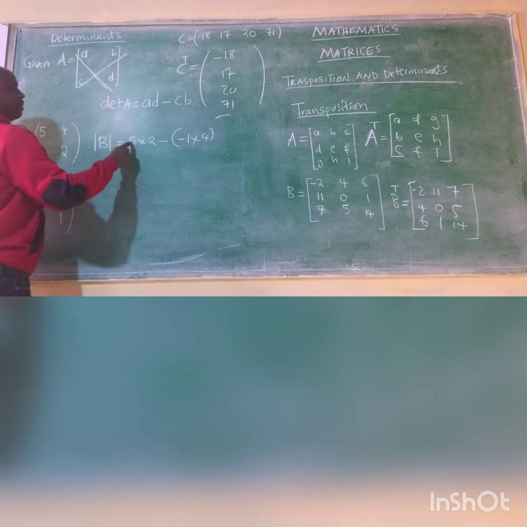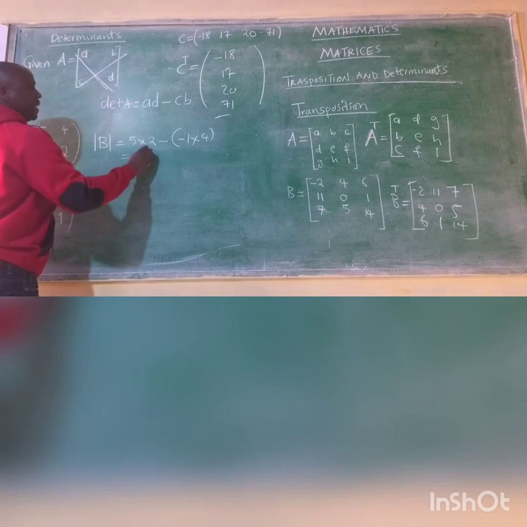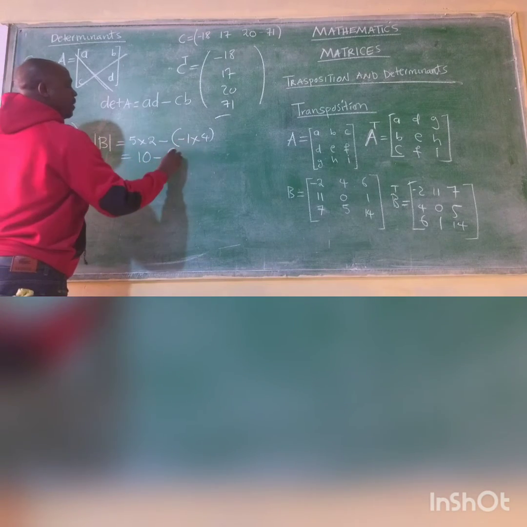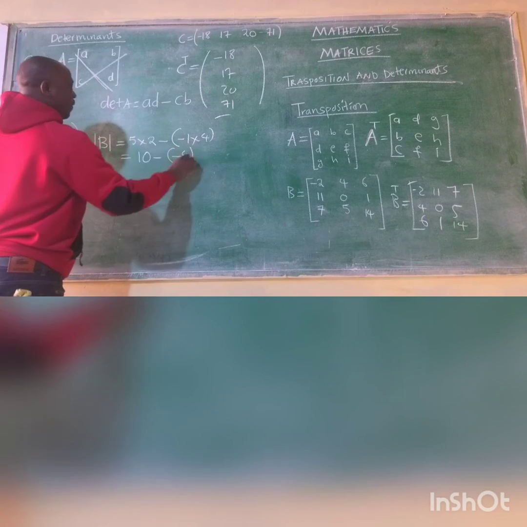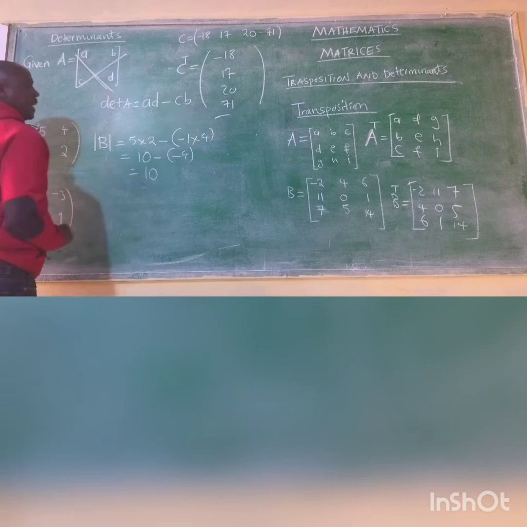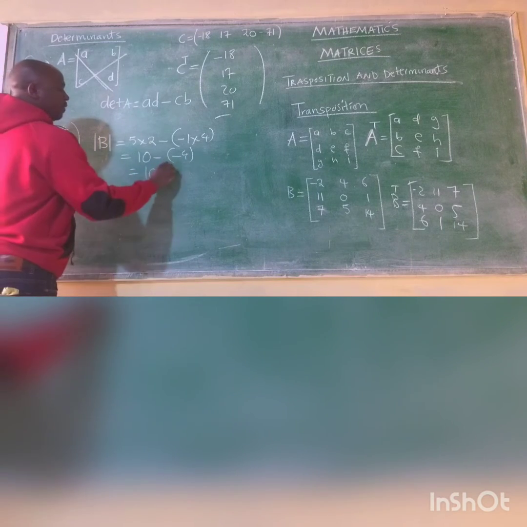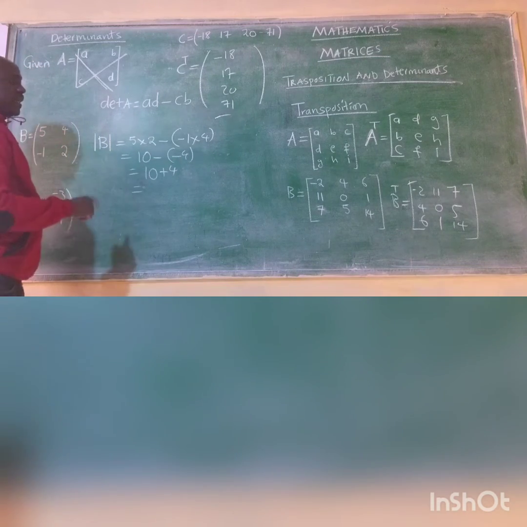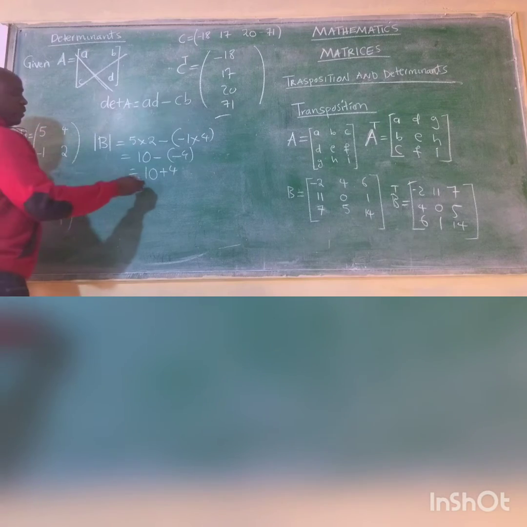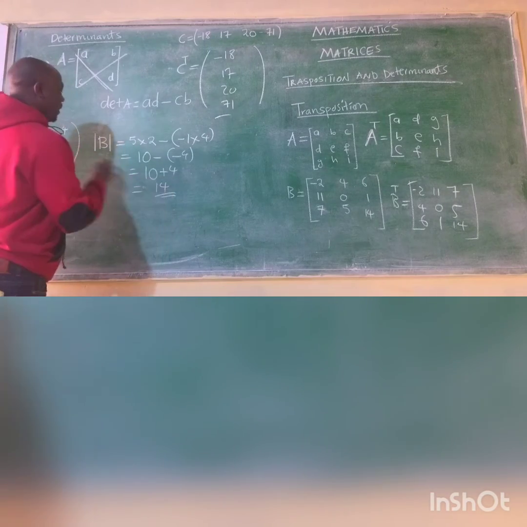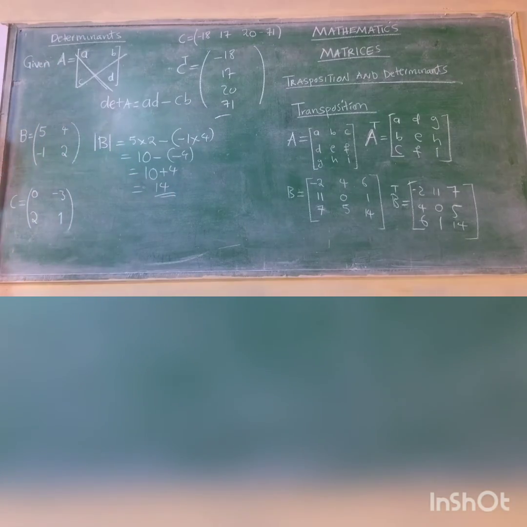Then 5 by 2 gives us 10, then minus -1 by 4 is just -4. So we have 10. When you multiply this negative by that negative, you get positive. And then we end up adding 10 plus 4, which is going to give us 14. So this is the determinant of matrix B.